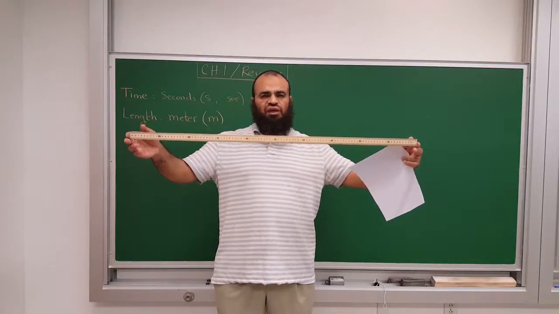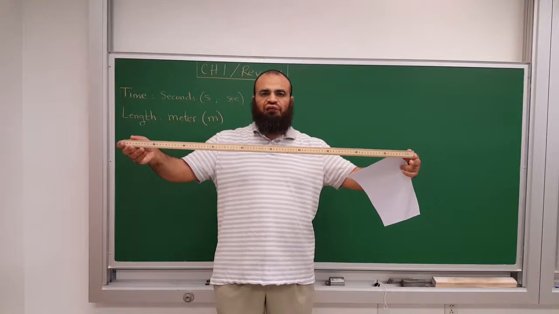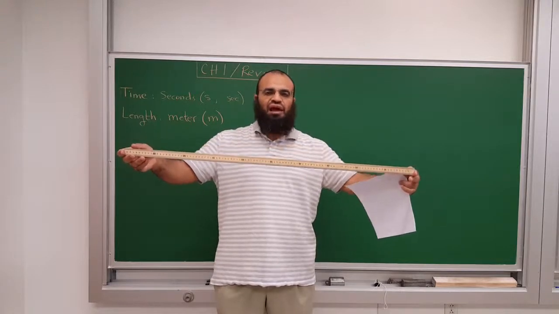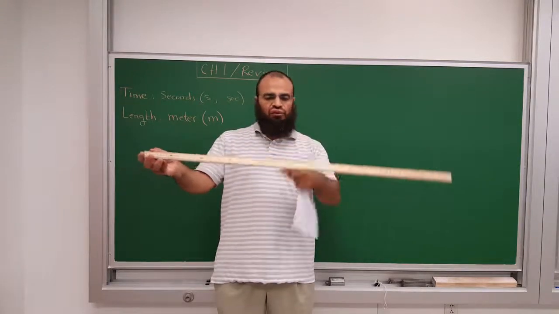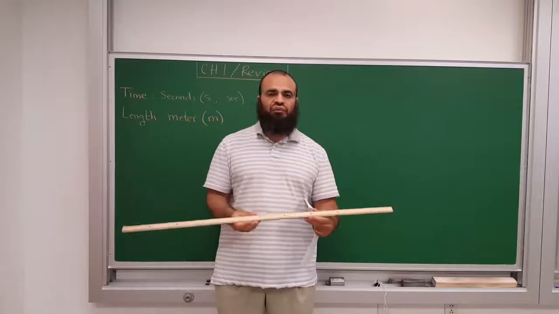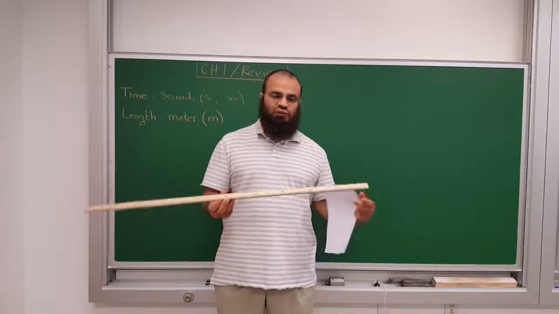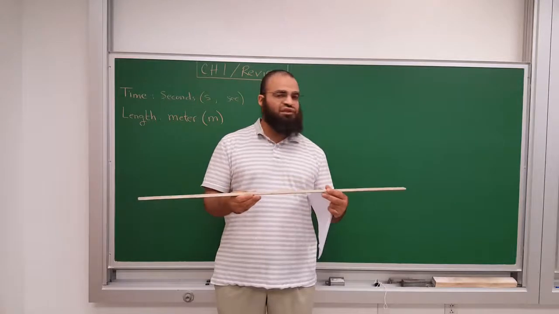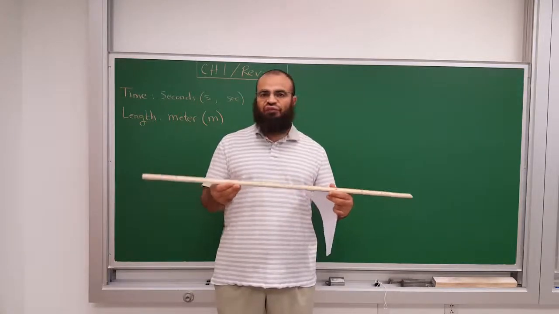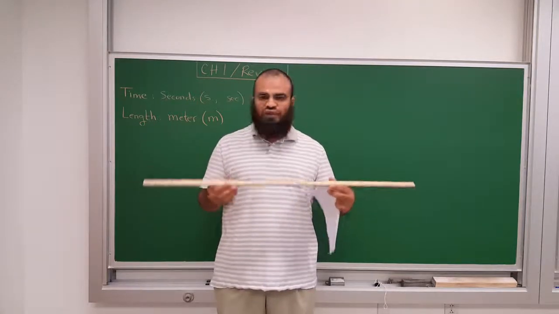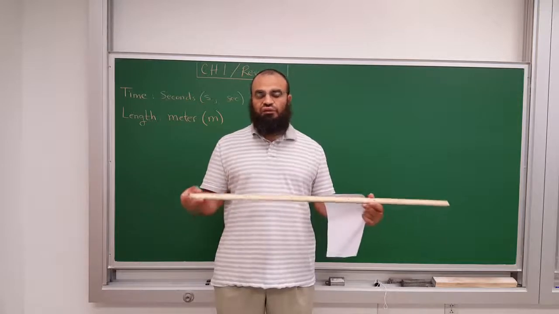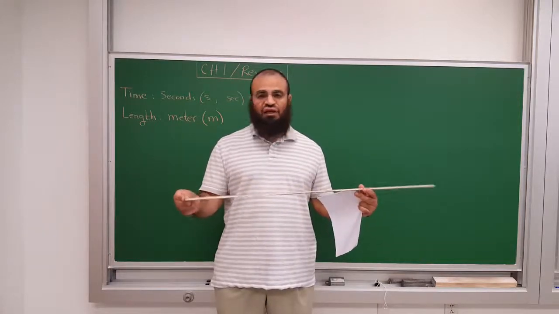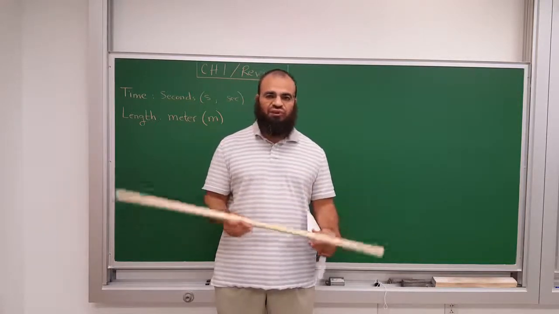And if you want 2 meters, make it twice as long. If you want half a meter, cut the thing in half and make sure the two pieces are equal length. If you want a quarter, cut it in 4 pieces. If you want 1/5, cut it in 5 pieces and make sure the 5 pieces are equal. If you want what's called a centimeter, it's 100ths of that, cut it in 100, and that's 1 centimeter.